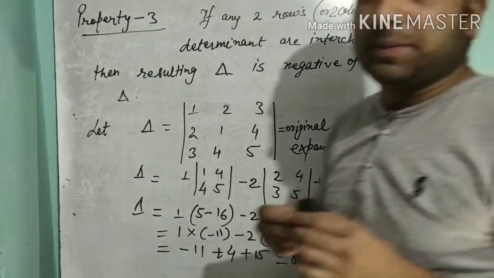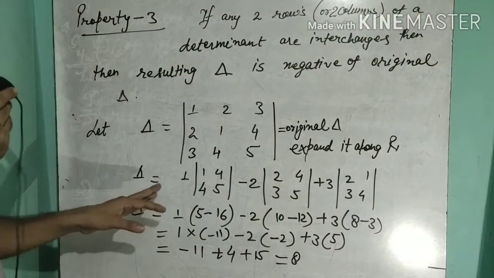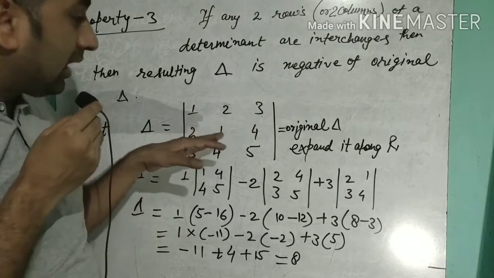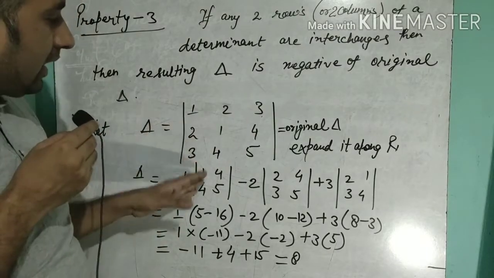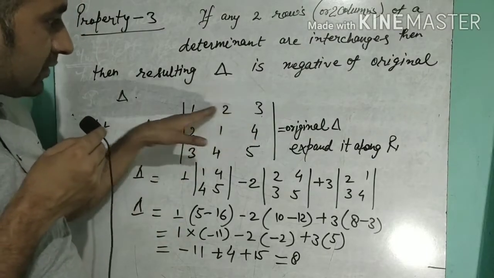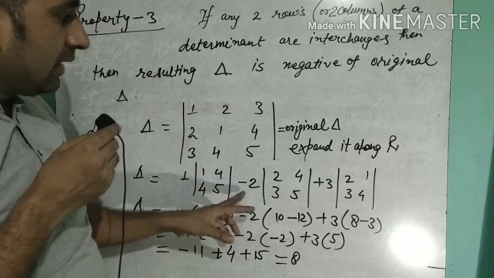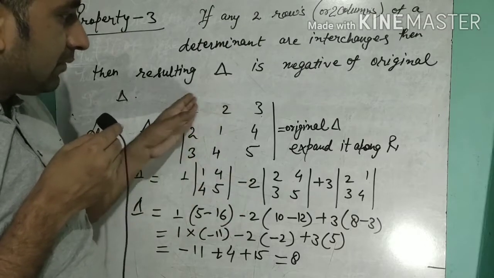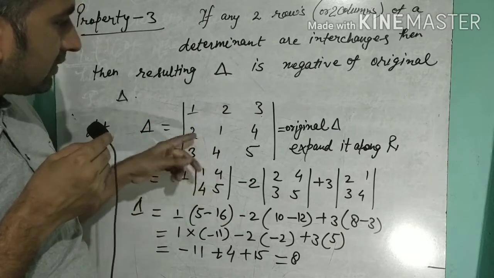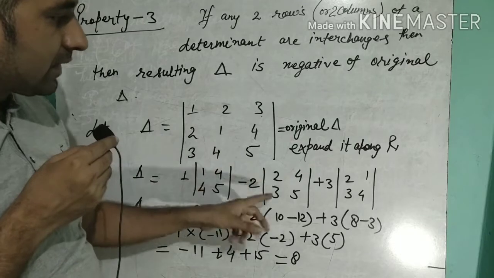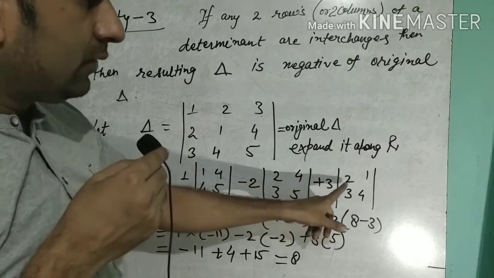So delta is equal to 1, we remove the first row and first column, after that we have 1 4, 4 5. Similarly for the -2, we remove the first row and the second column, which gives you 2 4, 3 5. And similarly for the 3, 2 1, 3 4.